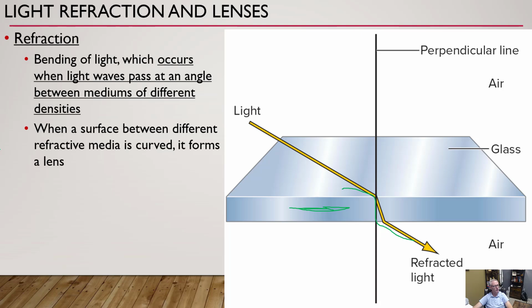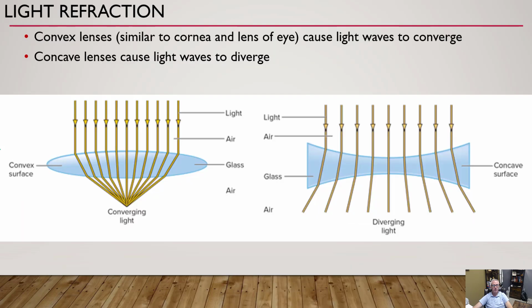Now, because of the shape of the lens, the light rays can refract different ways. Now, convex lenses, and this also happens in the cornea as well. So not only the lens, but the cornea will cause the light rays to converge. Concave lenses cause the light rays to diverge.